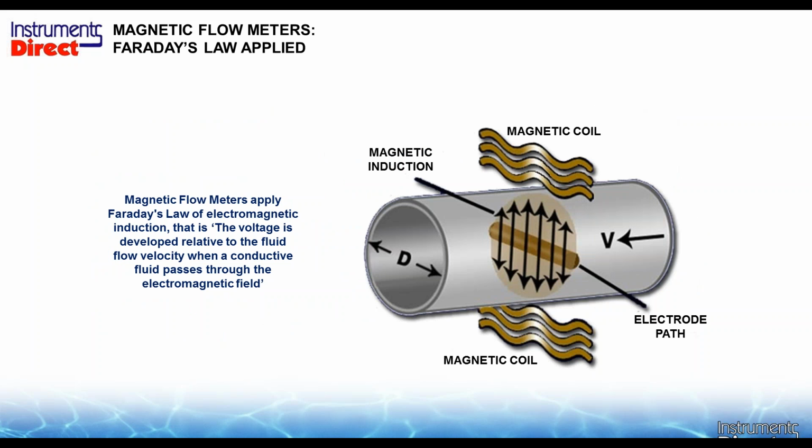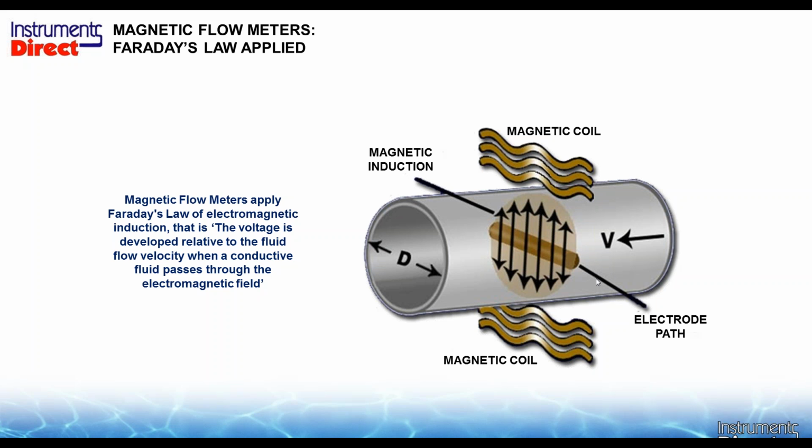And then just touching on how a mag meter works, as we said, it's limited to conductive liquid applications. Go back to grade school, you probably learned Faraday's law of magnetic induction. Basically, we're going to take this pipe and run a conductive media through it.